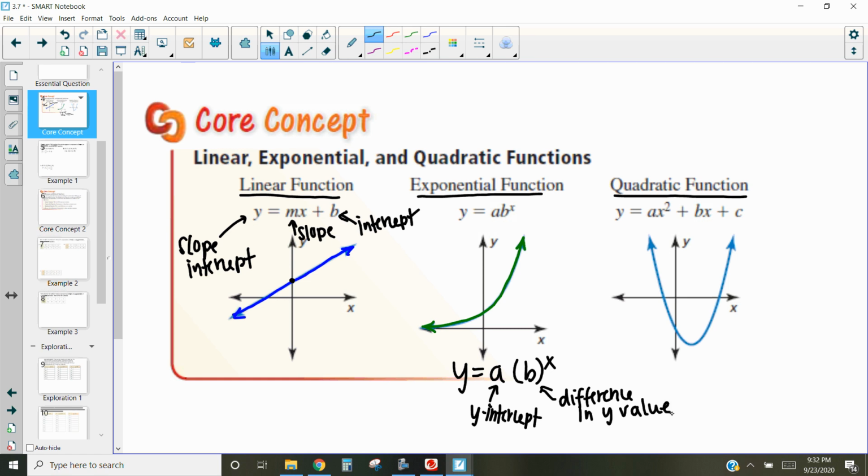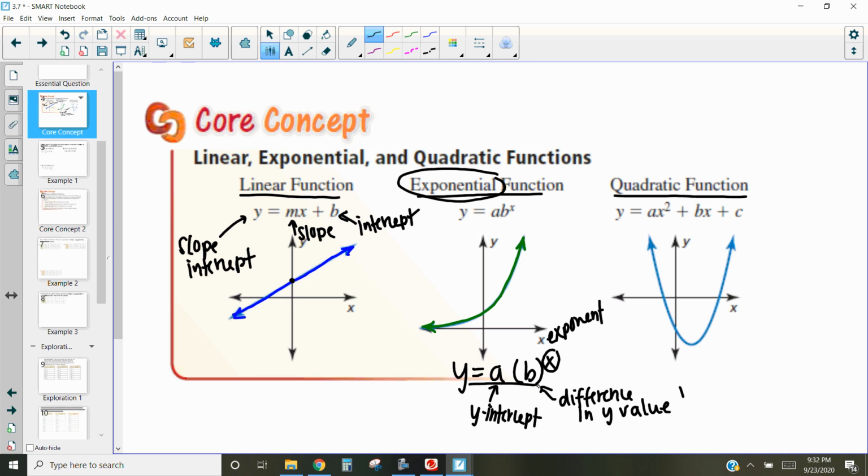So it's going to be either like the number before it is 3 times smaller than the next number, or half the size, whatever it is, that's what that number is going to be. We call it an exponential function because our x value is the exponent. So if our variable there, that x, is in the exponent, it's always going to be an exponential function. And this is that basic way that we write it.